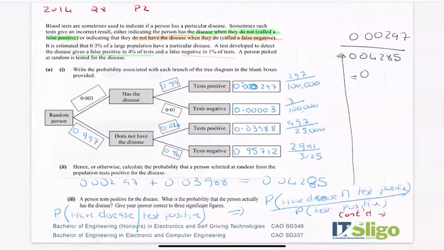And I am getting 0.693 for that, which in percentages is 69.3%. Okay, so what does that mean? A person tests positive for the disease. What is the probability that the person actually has the disease? Give your answer correct to 3 significant figures. Okay, 0.693.